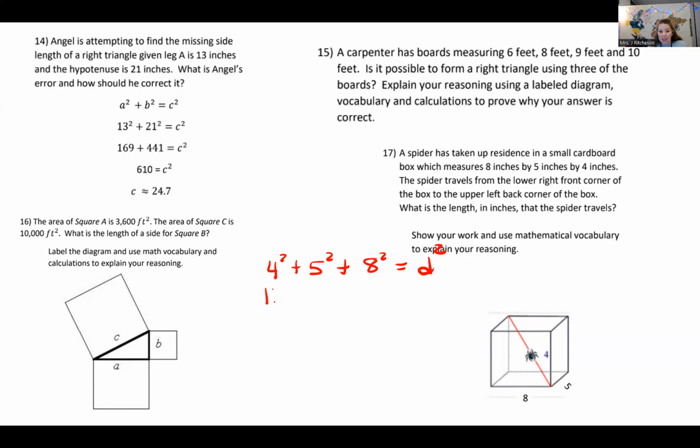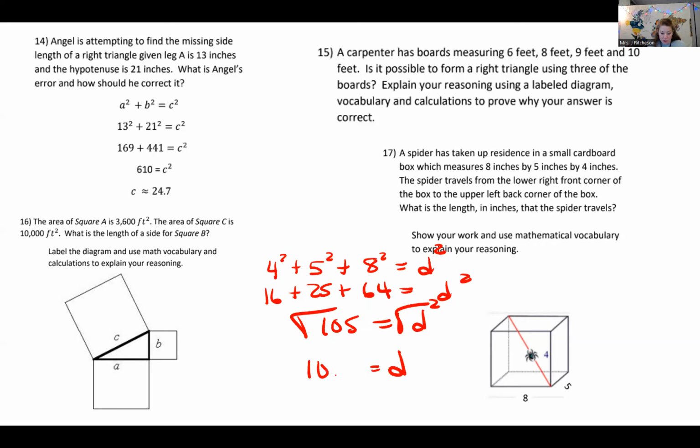So 4 squared is 16, 5 squared is 25, 8 squared is 64. When I add all that together, 16 plus 25 plus 64, I get 105. And then I'm going to find the square root of that number. So the diagonal is equal to 10.25 or 10.2.